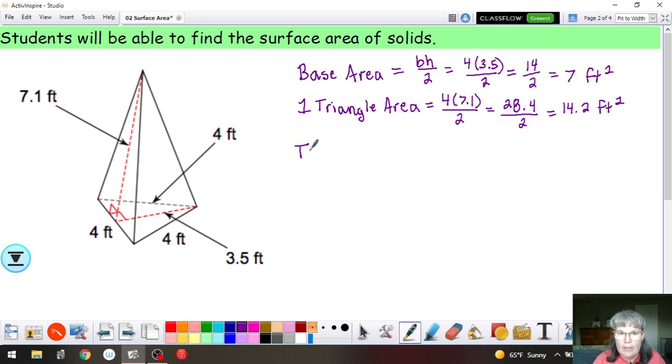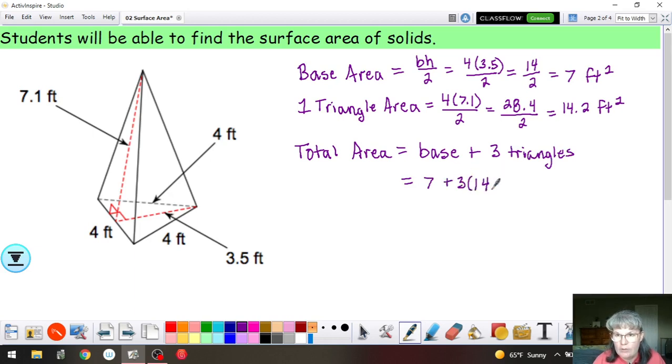So the total area is going to equal the base plus 3 triangles. So the base was 7 square feet plus 3 times the area of one of those triangles meeting at the common point, which is 14.2.